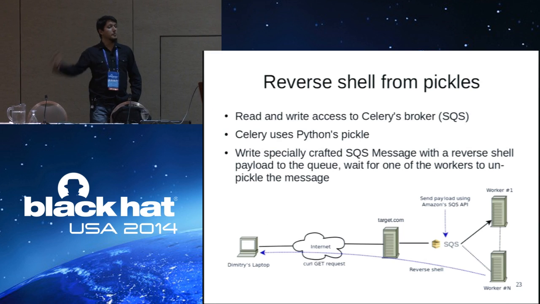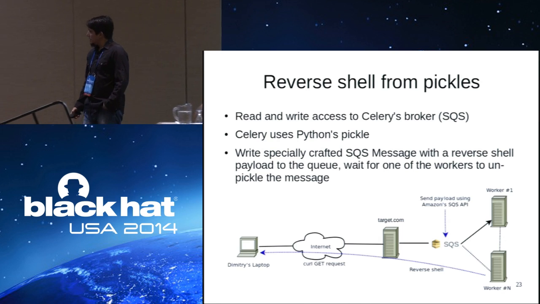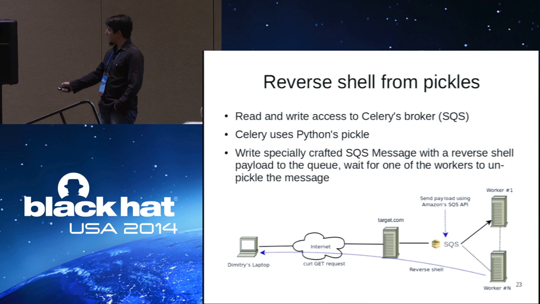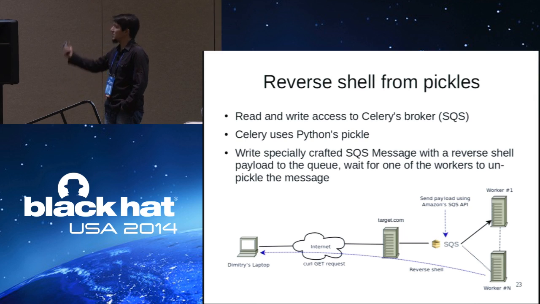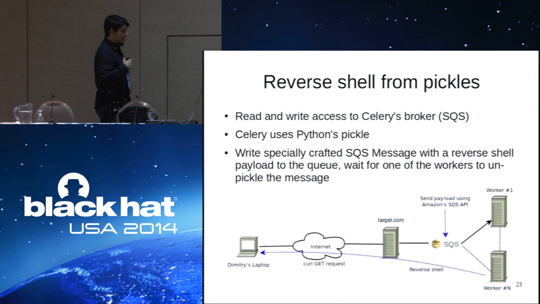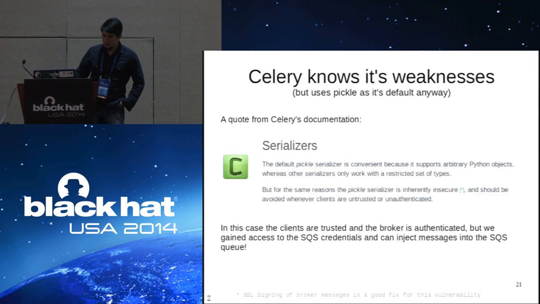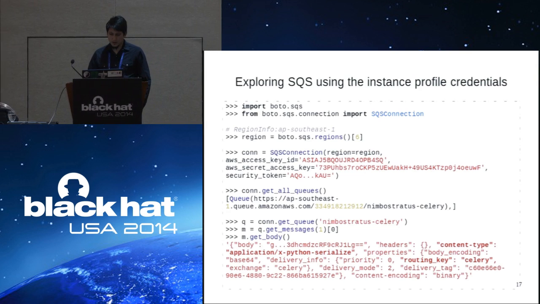So going back to our target system, we know that we can write things to the SQS queue, and we know that the workers are going to deserialize whatever we send to the SQS queue, because that's how Celery works. And we know that it's using Pickle, because we saw it somewhere like there.